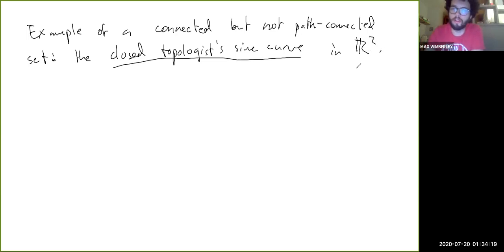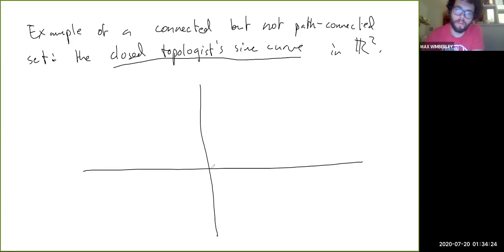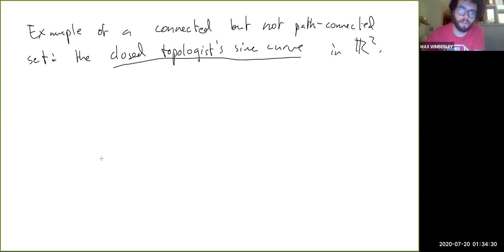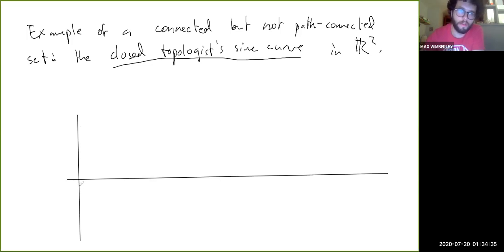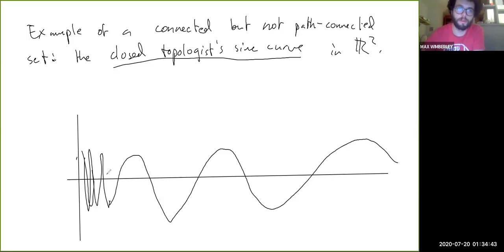R^2 is a Euclidean space, obviously. Let me just quickly sketch this. We have something like that, and then it gets very oscillatory. As a subset of R^2, this is the graph.